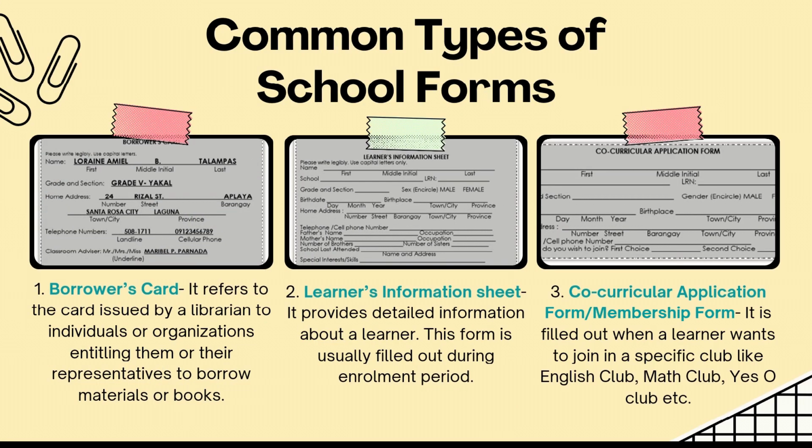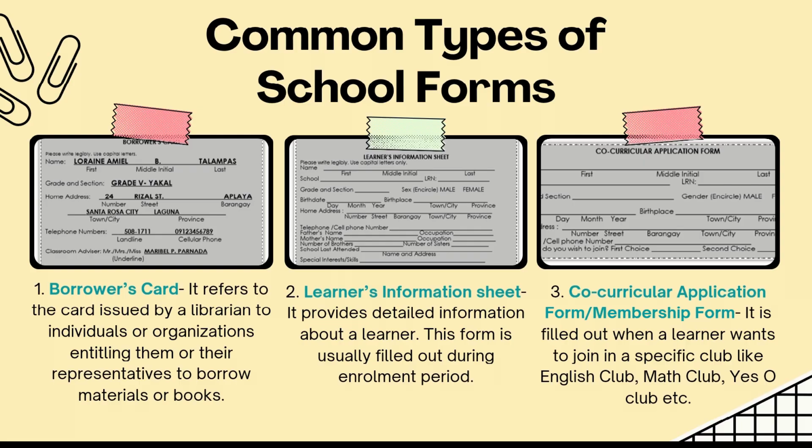Here are some of the common types of school forms that I showed you earlier. We have the borrower's card, learner's information sheet, and co-curricular application form. The borrower's card refers to the card issued by a librarian to individuals or organizations entitling them or their representative to borrow materials or books.